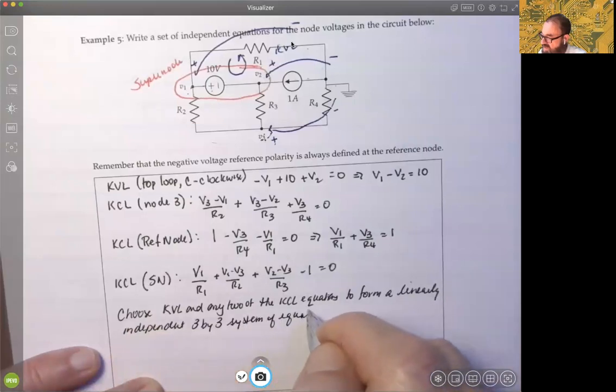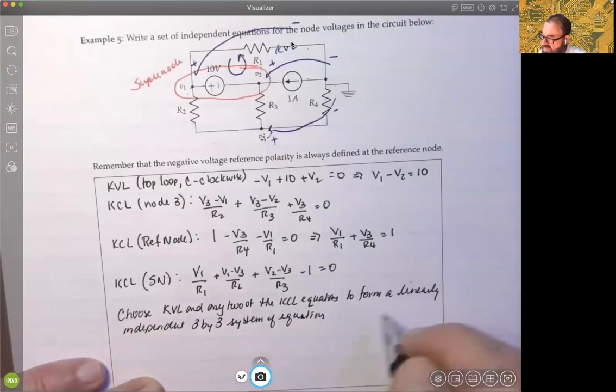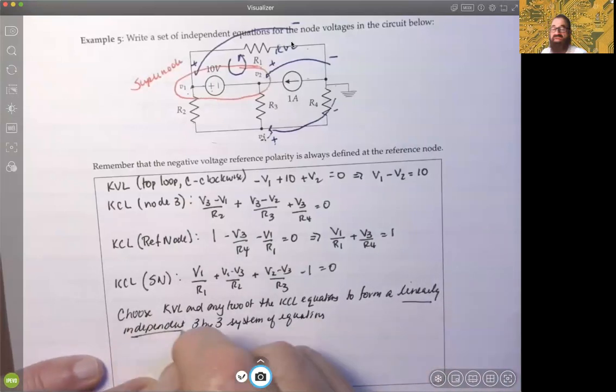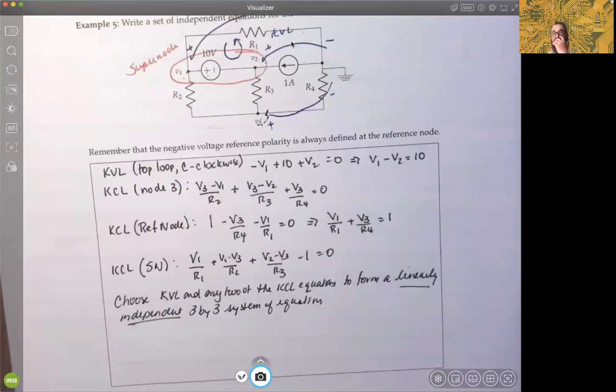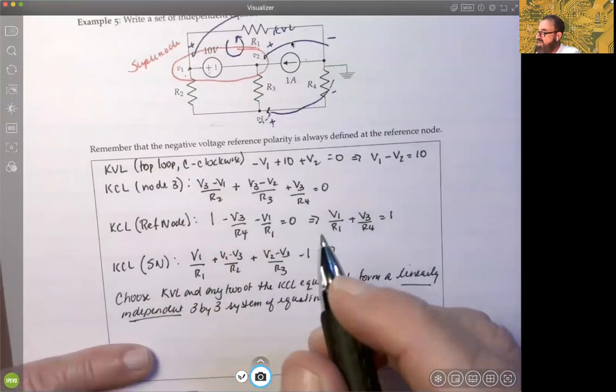So the key adjective there is linearly independent, right? Can't have multiples like we saw in the previous example.